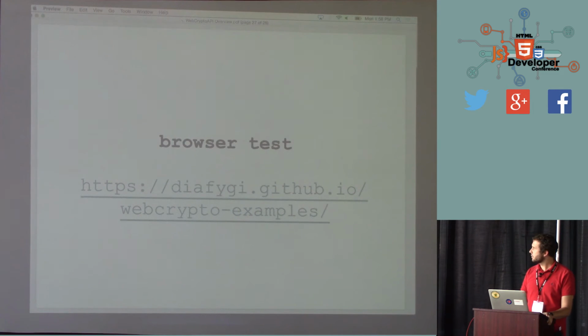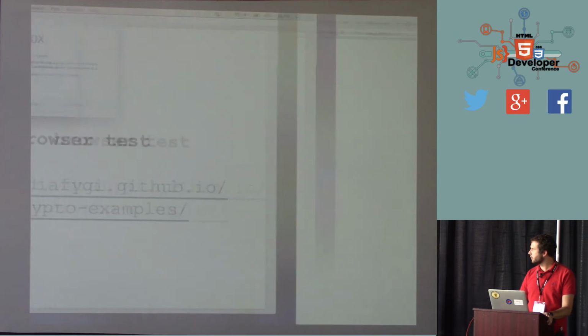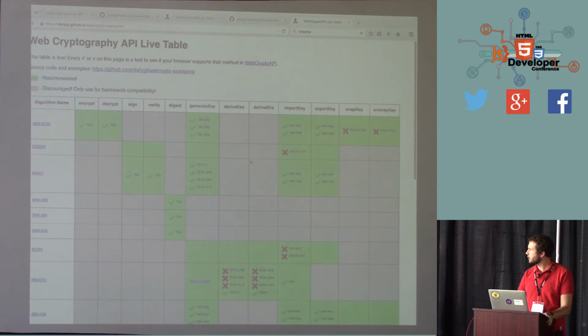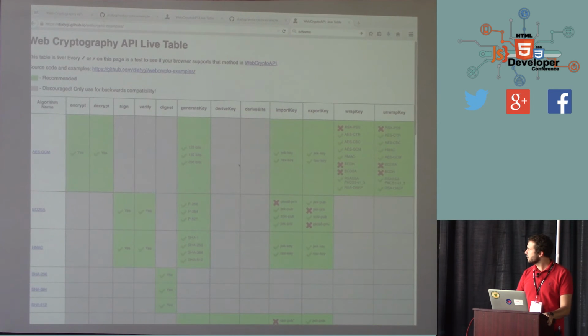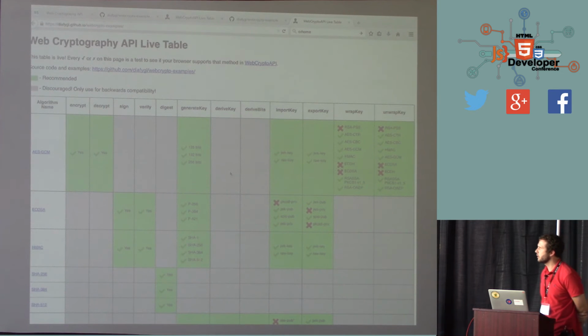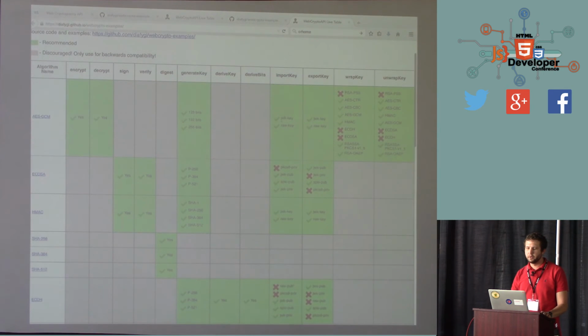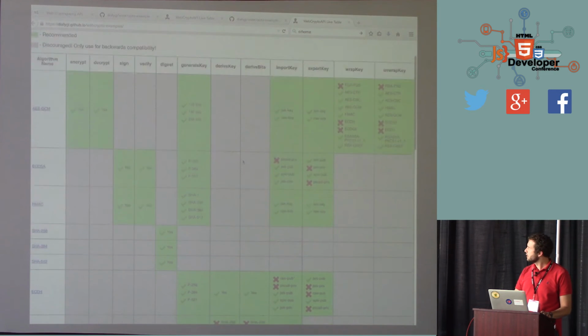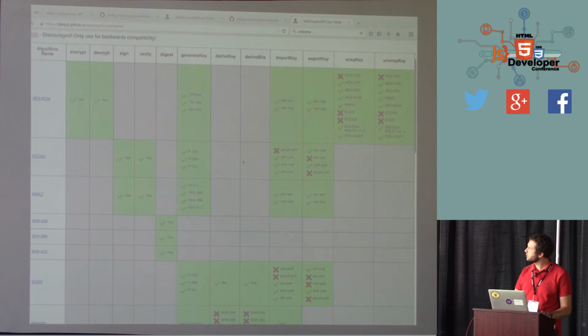OK. So browser test. I also wrote a browser test where you can actually see what is implemented in the browser. Every check or X on this screen is actually a test to see whether or not that standard is implemented. So it basically copies that table that I showed you earlier from the standard and implements little scripts to see whether or not it's implemented. So for example, this is Firefox.